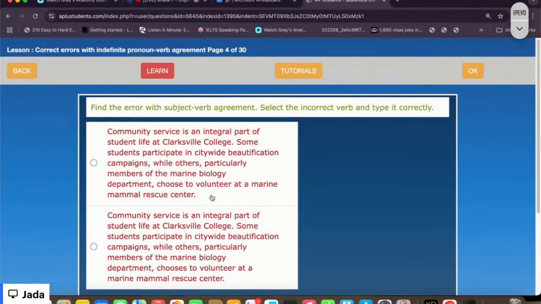So, what is the right one over here? So, we need to find the verb. So, we have chooses and then choose. So, what is the right answer over here?